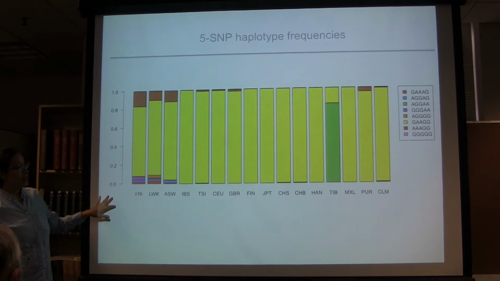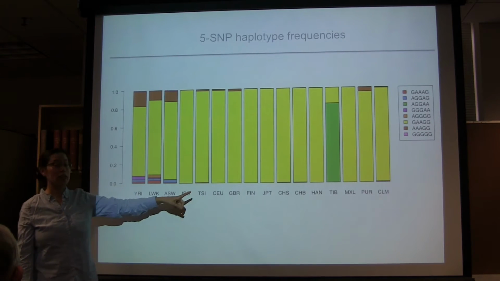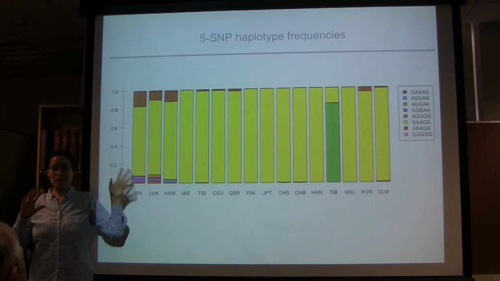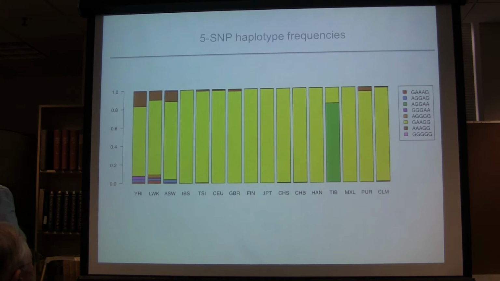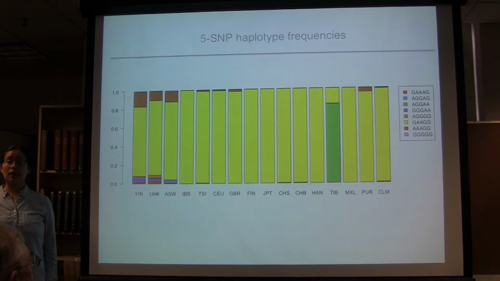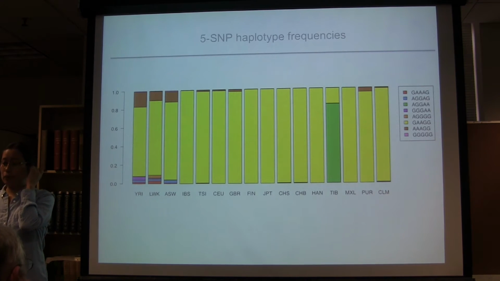What you find is that the Tibetans have that 5-SNP haplotype at high frequency, shown in green, but almost everybody else is yellow. They have the complete opposite haplotype. And there are only 2 Han individuals that are heterozygous, where one of their haplotypes actually matches the Tibetan haplotype. But nobody else had this haplotype.